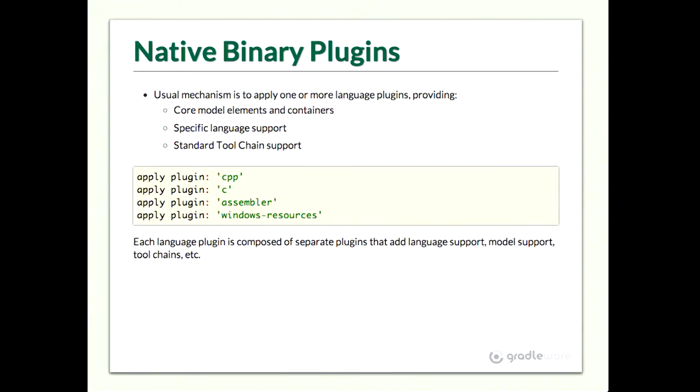That's the way we've segregated at the moment on the language level. This possibly is going to change a little bit in the future. We might split out the model support from the language support, so you apply two plugins: one that says I want to build native components, and another that says I want to build with this particular language. I'm not quite sure how that's going to look, but this is how it looks now, and it will stay this way for a while anyway.